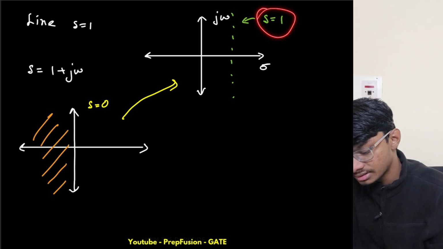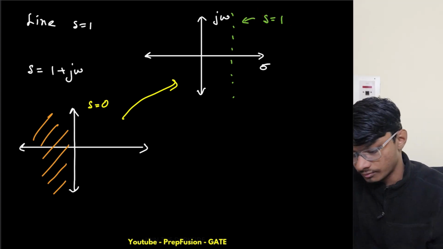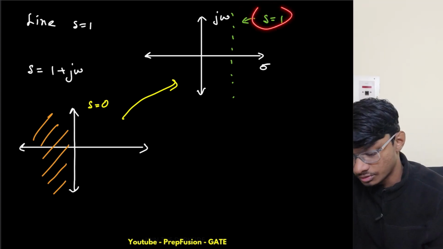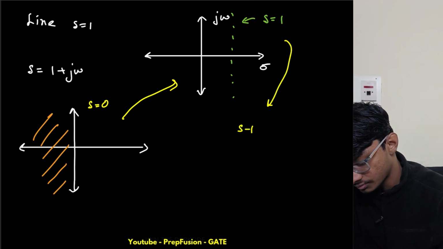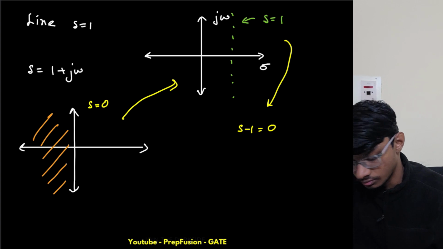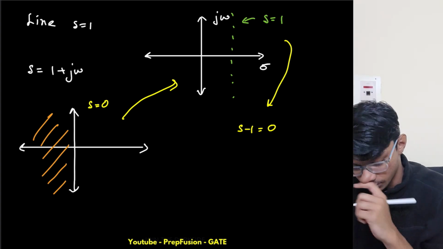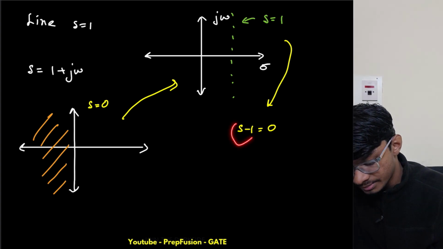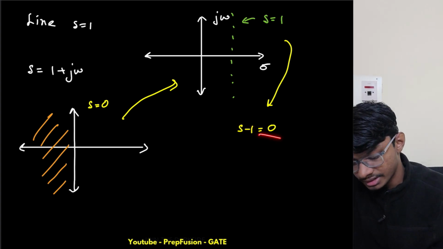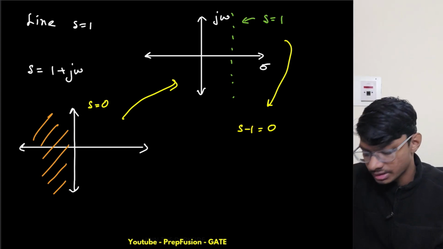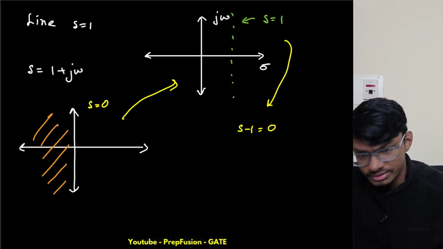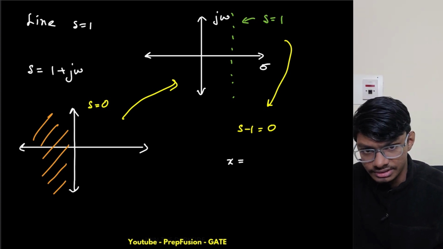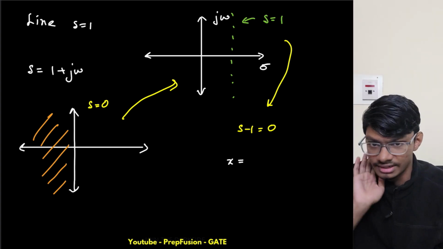When this equation is going to 0, if I rewrite it, s minus 1 equals to 0. Now I can see my s minus 1 is 0. So if I name some variable, we generally name it z, but I can name it x, y, z, anything you want.